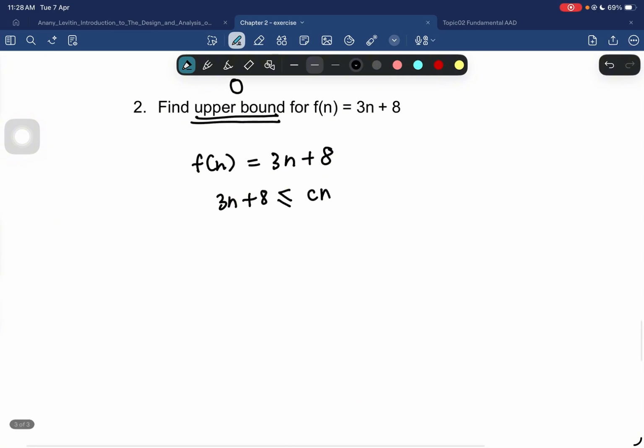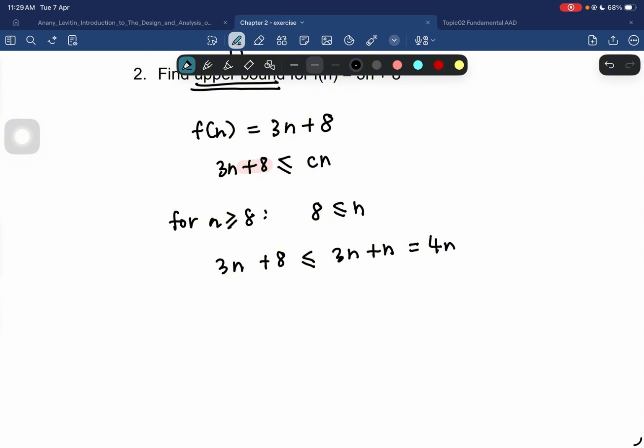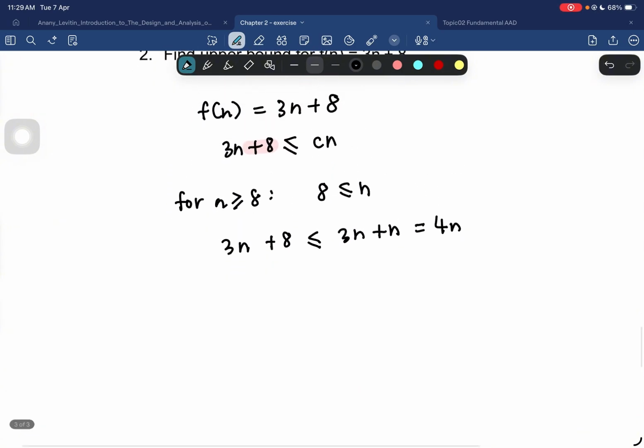First we need to remove the constant, because it is harder for us. For n more than 8, 8 is less than n, so 3n plus 8 is less than 3n plus n. We substitute 8 with n, so it is 4n. You understand here?